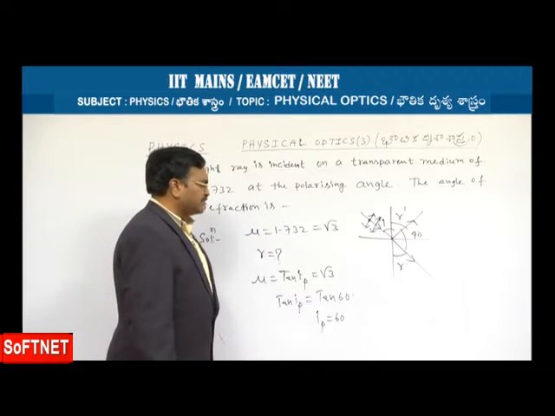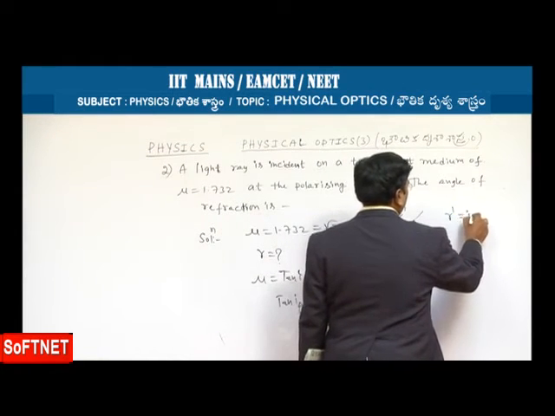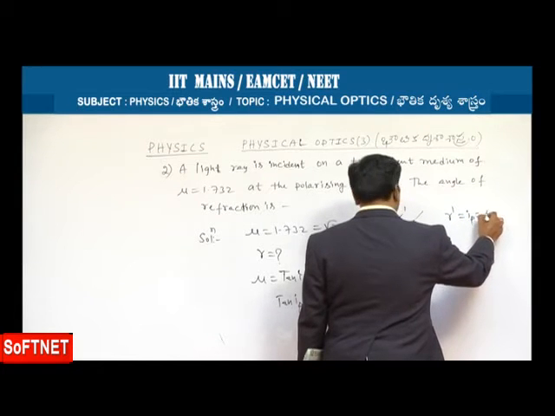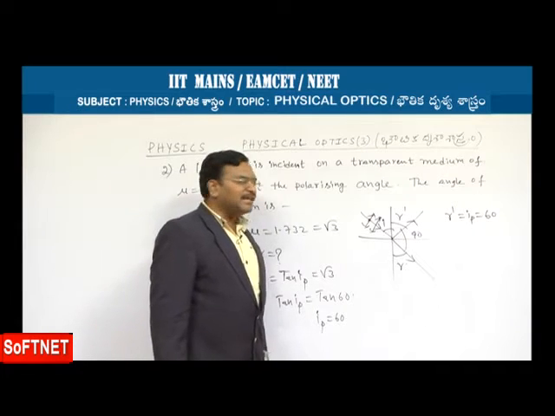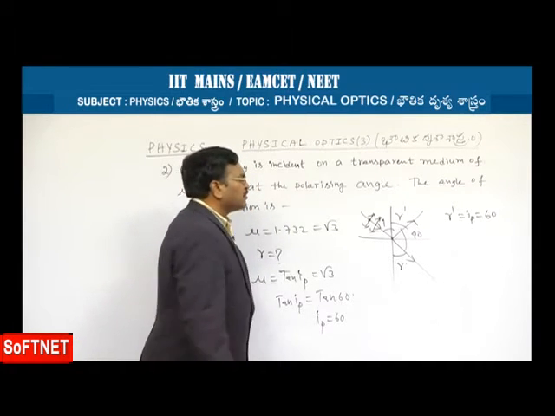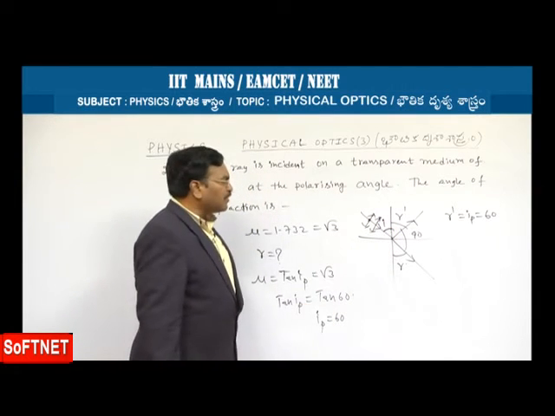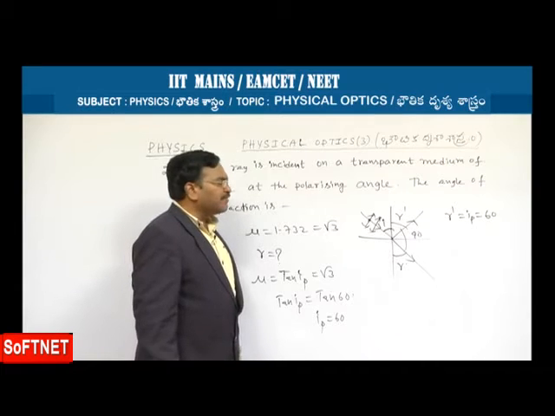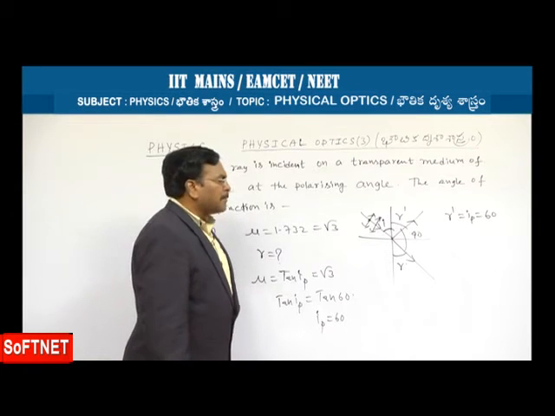Now, according to the laws of reflection, angle of incidence is equal to angle of reflection. So R dash is equal to IP, which is 60 degrees. Here at the polarizing angle, reflected and refracted rays are perpendicular.